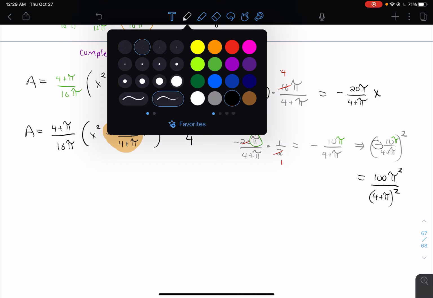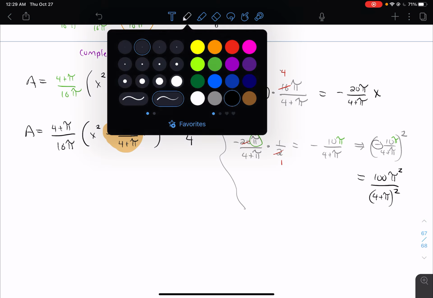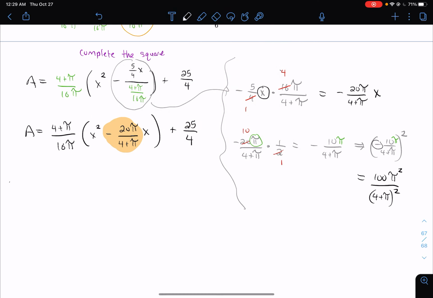Okay, so I'm going to put this work that I'm doing on the side. I'm just going to separate it out a little bit. This is just some scratch work to figure out what happens now when I complete the square. So now this number I got, that's what I'm going to add, and I'm going to subtract it inside the parentheses. So we got area equals 4 plus pi over 16 pi, parentheses, x squared minus 20 pi over 4 plus pi x.